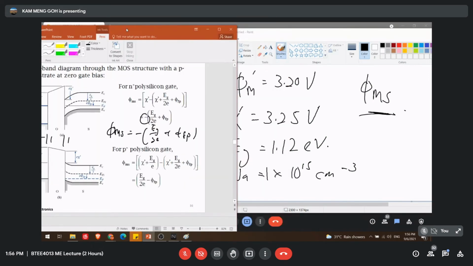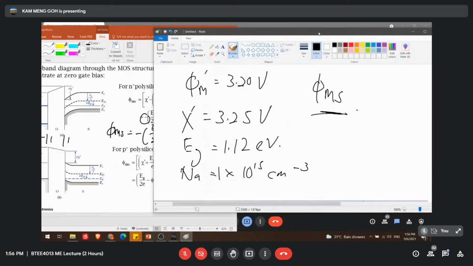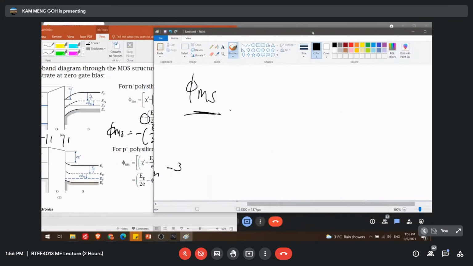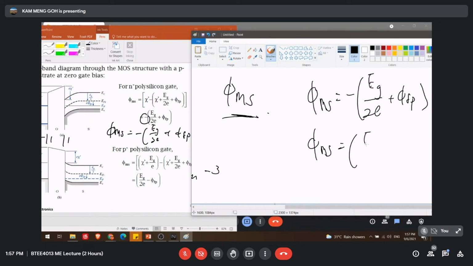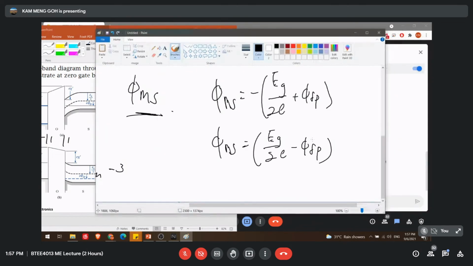We have two formulas to choose from. Ms will be equal to negative Eg over 2E plus Fp, or Eg over 2E minus Fp.